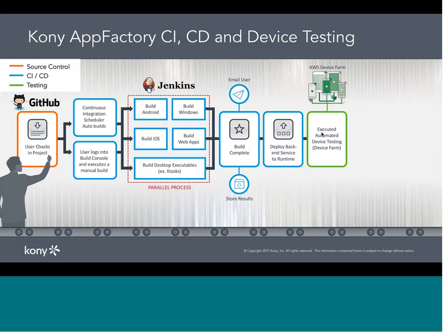This is automated testing, and we're leveraging the AWS device farm to test across a number of different devices. Once the test is complete, then the user, whether that's a tester or developer, gets the notification of the test complete and the results from that.